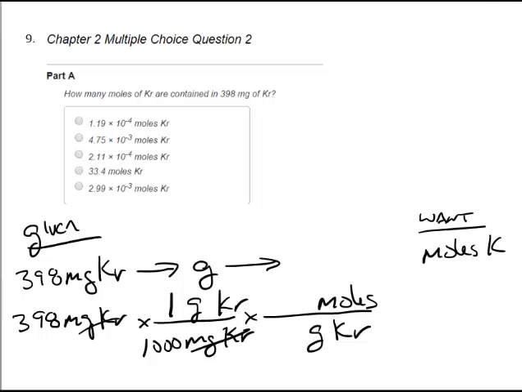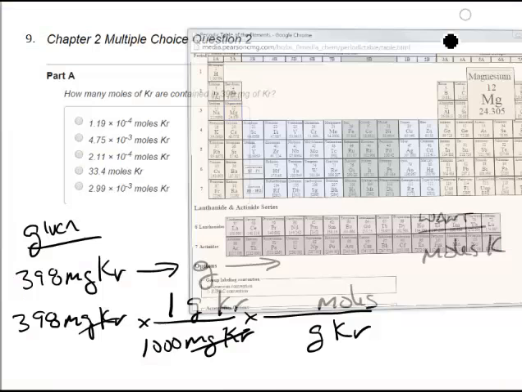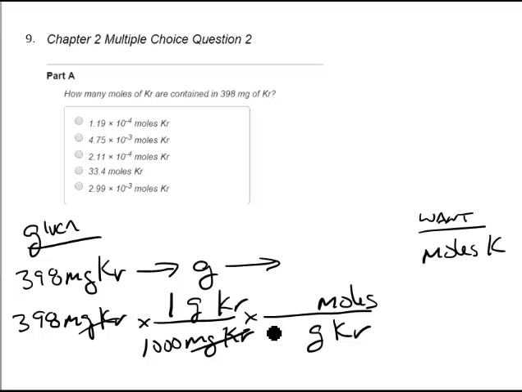So I'm going to have to pull out the periodic table. And for krypton, that's over here. And that's 83.798. Sorry for my chicken scratching as they were described. And then I do the arithmetic.